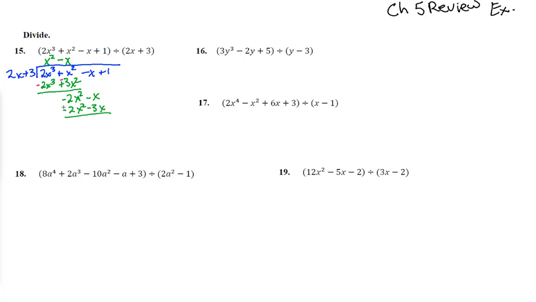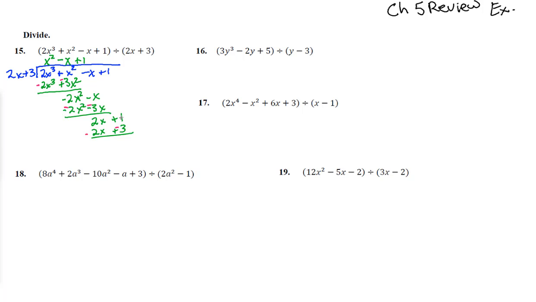And again, we subtract. Put that in a different color to remind us. So that's now a plus 2x squared, so it cancels. So a negative 1 plus 3 is a positive 2x plus 1. 2x goes into 2x one time, plus 1, and we get 2x. 1 times 3 is 3, and then again we subtract.